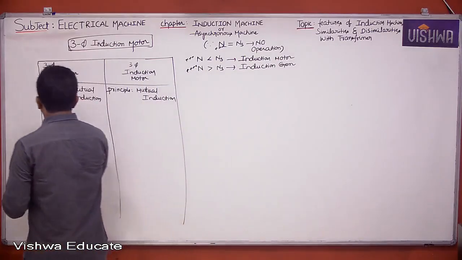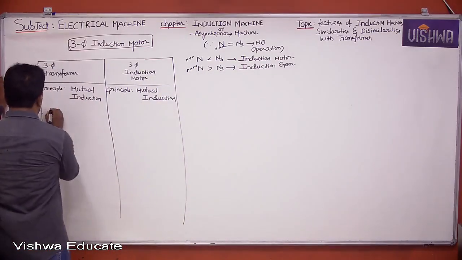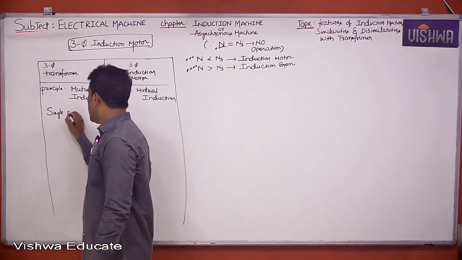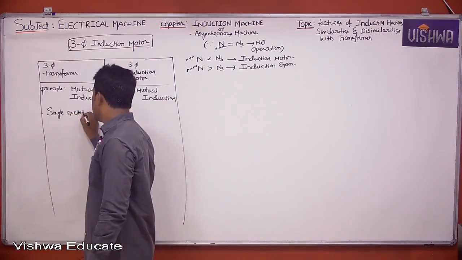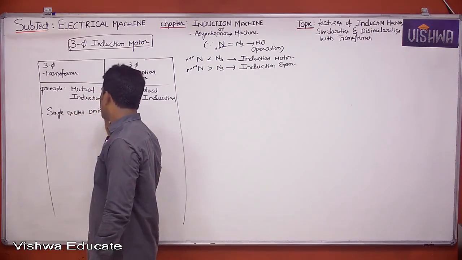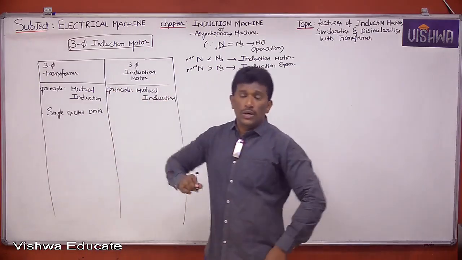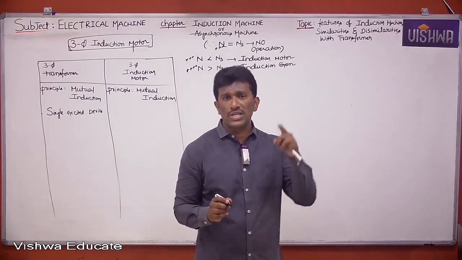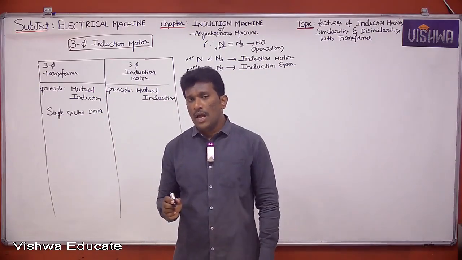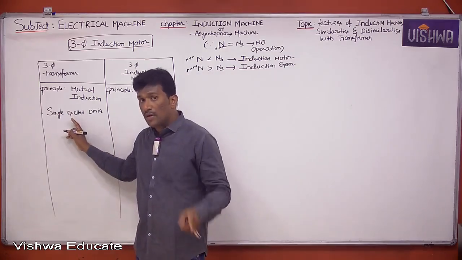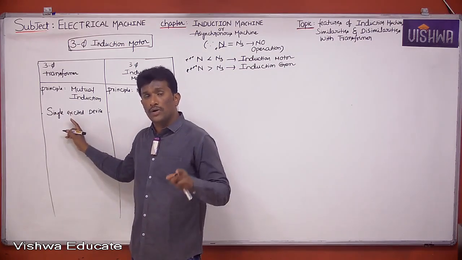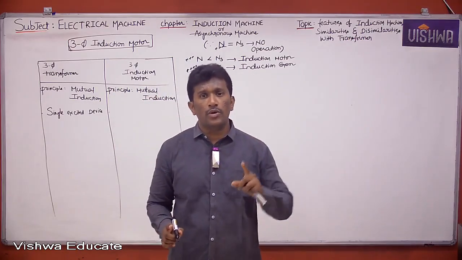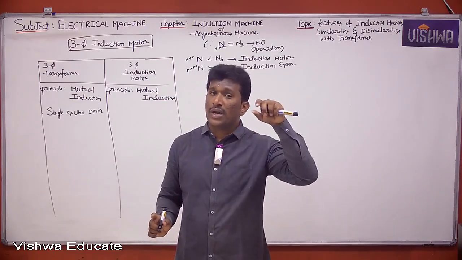Next, a transformer is a single excited device. I told the reason clearly in the transformer topic: by using only one external voltage source connected to the primary winding, I am able to induce EMF in the primary winding and in the secondary winding also.